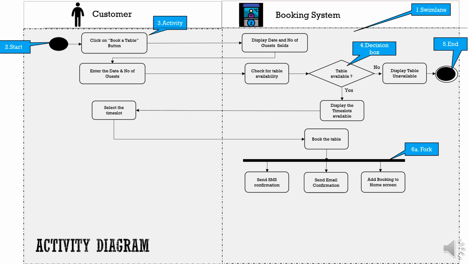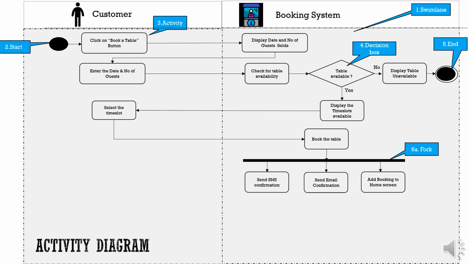Sending an SMS to the customer's registered mobile number with booking confirmation, an email to the customer's registered email for confirmation, and showing the booking on the customer's home page in the app so that in case the customer wants to amend, they can view and amend easily.